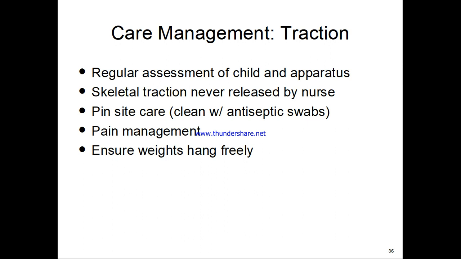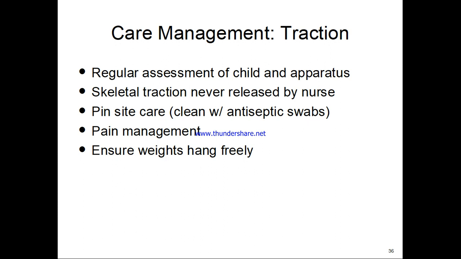So for care of the child in traction, we're going to regularly assess the child and the apparatus. Skeletal traction is not to be taken apart by the nurse. It's to be taken apart by the licensed provider when it is time.